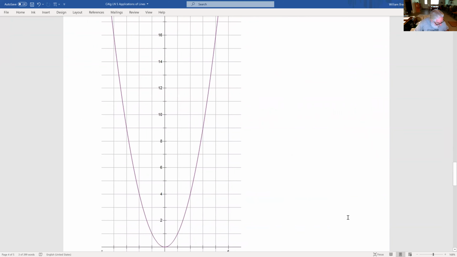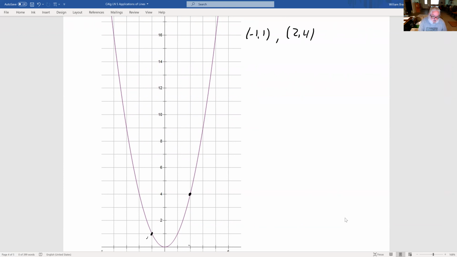So the points we're dealing with are minus 1, 1 and 4, 16. Oh, and 2, 4. So these are all points on the graph of the parabola. There's minus 1, 1 and 2, 4 is there.